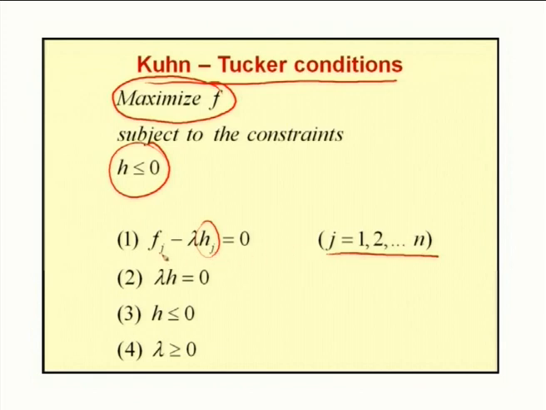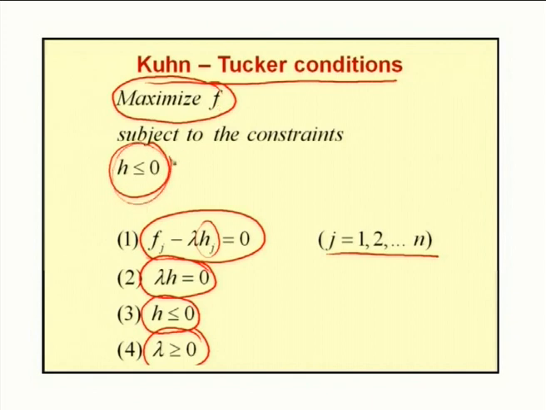So, the first condition f_j minus lambda h_j equal to 0, the second condition is lambda h equal to 0, the third condition is h less than or equal to 0, and the fourth condition is lambda greater than or equal to 0. So, for a nonlinear programming problem which maximizes f subject to the constraint h less than or equal to 0, we will get these four conditions.